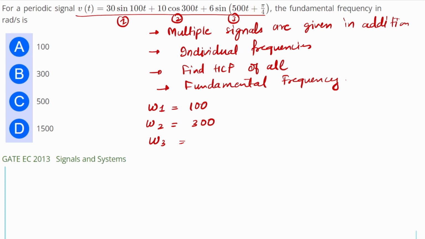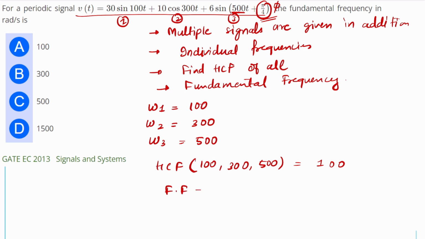Phi is your phase, so that does not have anything to do with your frequency. So the frequency is here only, which is equal to 500. You have to find the highest common factor between 100, 300 and 500, which will easily come out to be 100. So the fundamental frequency is equal to 100 radian per second.